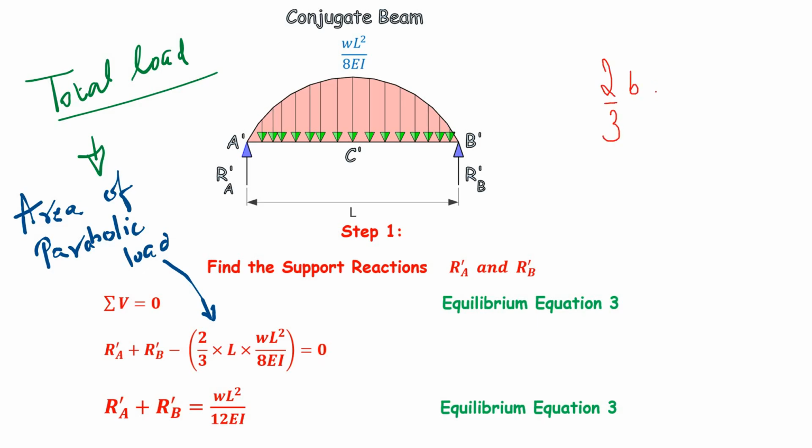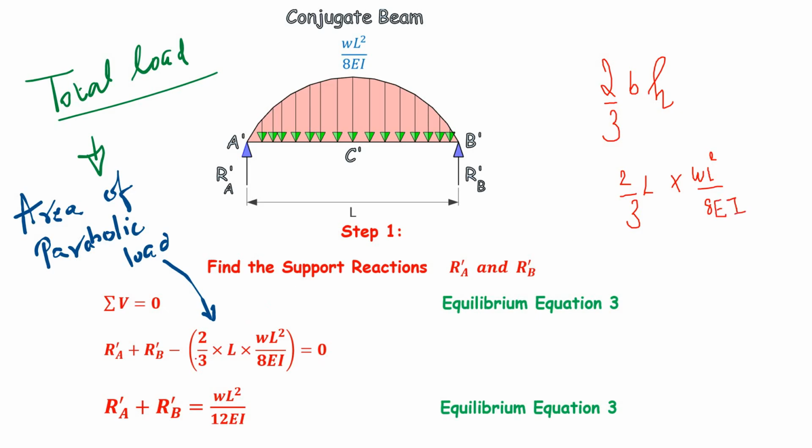base into height. So what is the base here? Base is L. So it will be 2 by 3 into L. And what is the H here? H is WL square divided by 8EI.